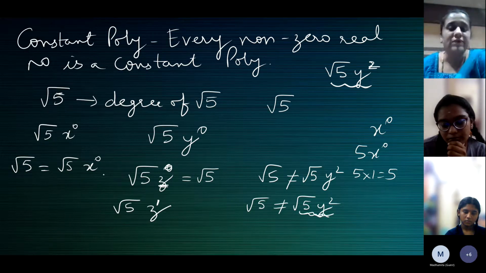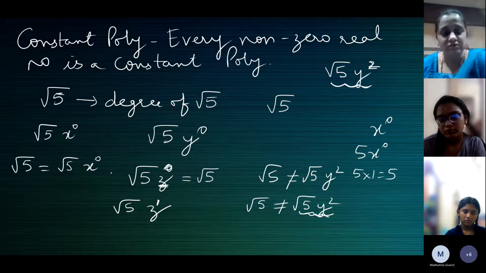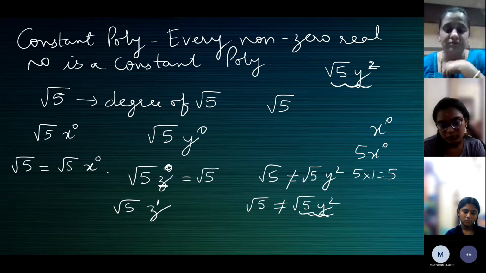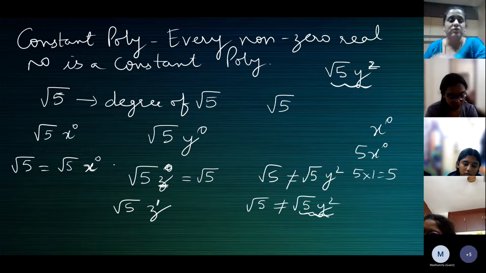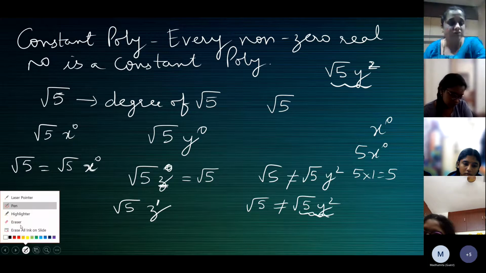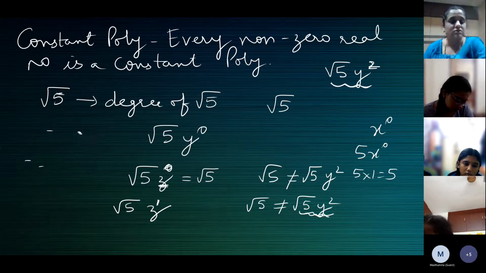If there are many terms, then you have to consider the powers of all the terms, and then the highest power is the degree. So here the power of x is 0, and that is the highest power. So conclusion, degree of a constant polynomial is 0.